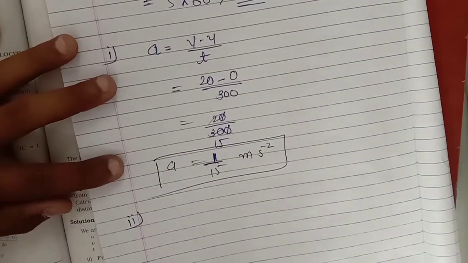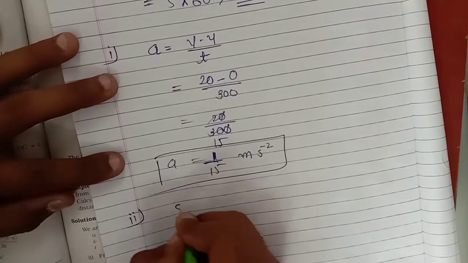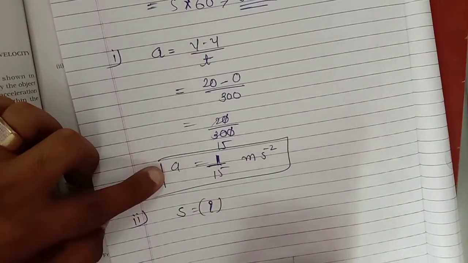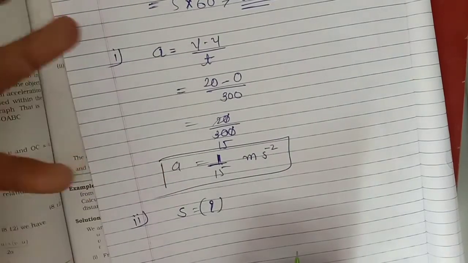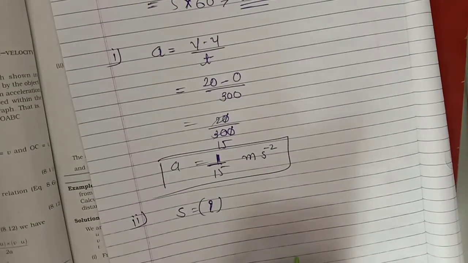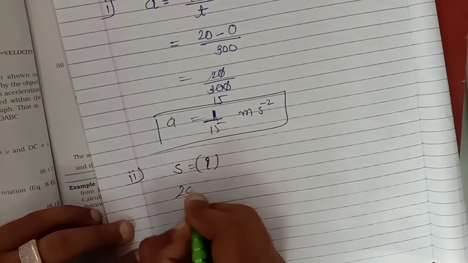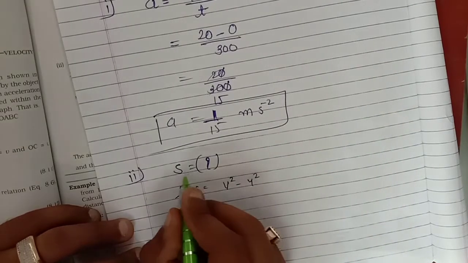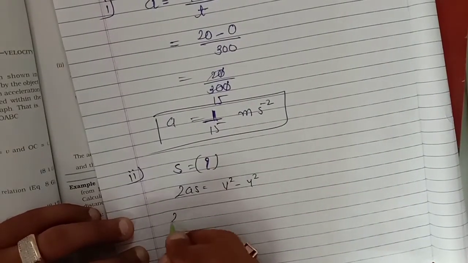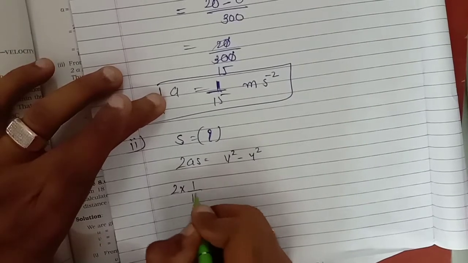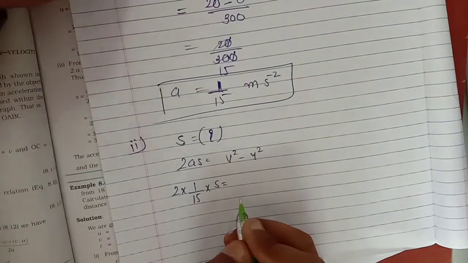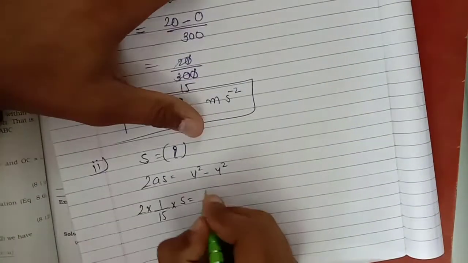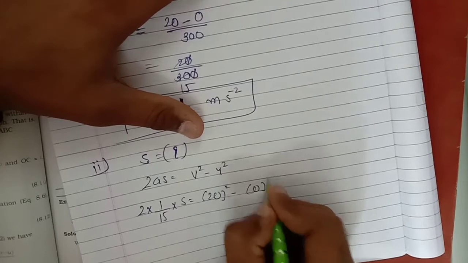What do we have to find? The distance traveled by the train. Distance traveled means S. See here, you have A, the acceleration, you have t, you have the final velocity. You can take any of the formulas to find the distance. I take twice AS is equal to V square minus U square. You have to find S. You have A, 1 upon 15. V means 20 square, initial velocity 0 square.